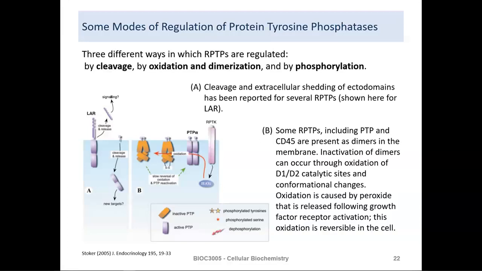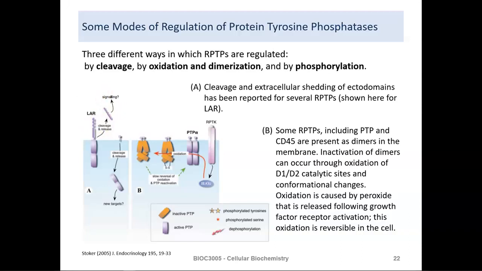The first, by cleavage, is where there is extracellular shedding of the domains on the outside of the membrane, and these are then released from the phosphatase. Here is an example that's shown for LAR, where signaling can no longer be received.